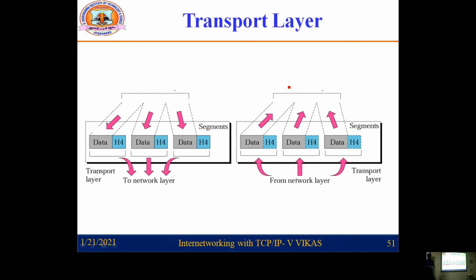Always remember, a layer takes services from the layer below and provides services to the layer above. It means compared to the layer below, this is superior. I am not saying who is greater, but with respect to functionality, the one at the bottom has to provide services to the top layer. So like that, the transport layer will be working.